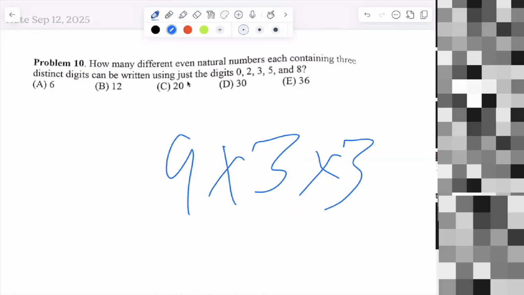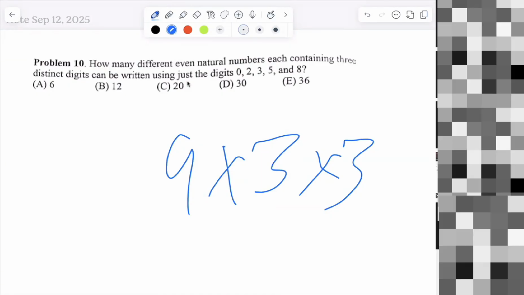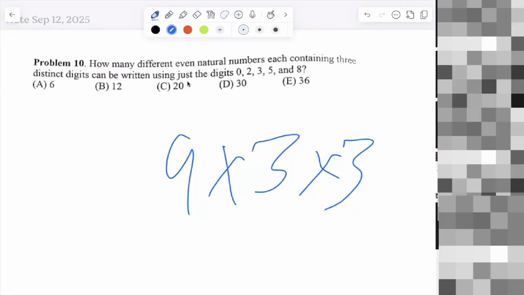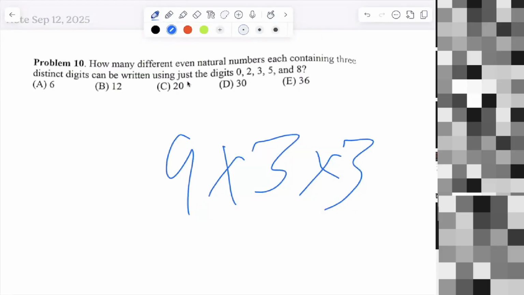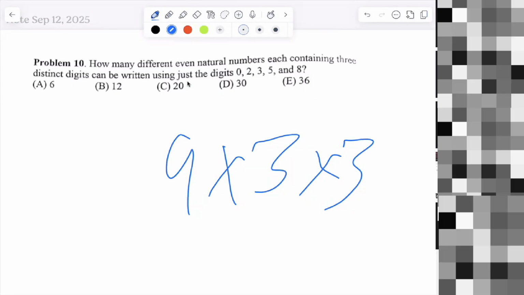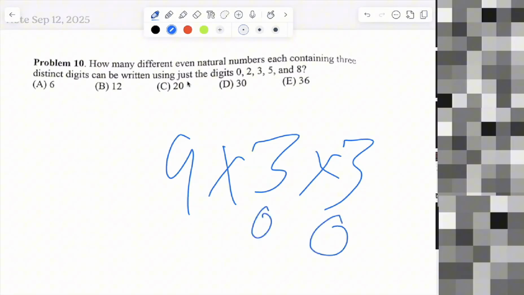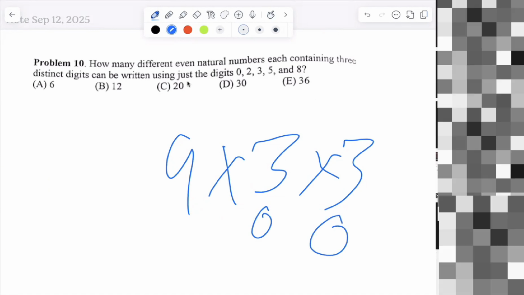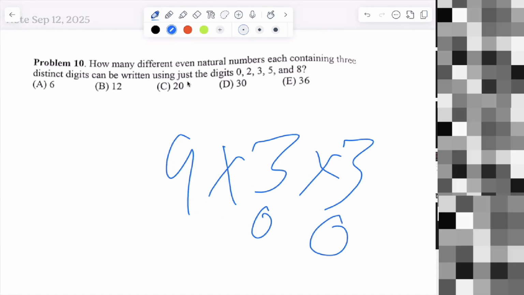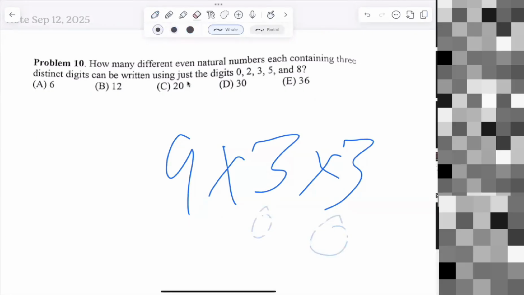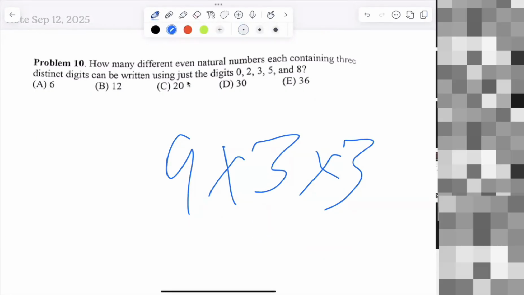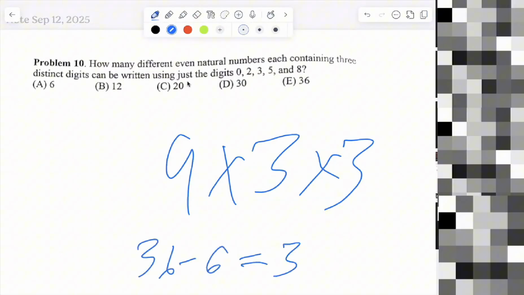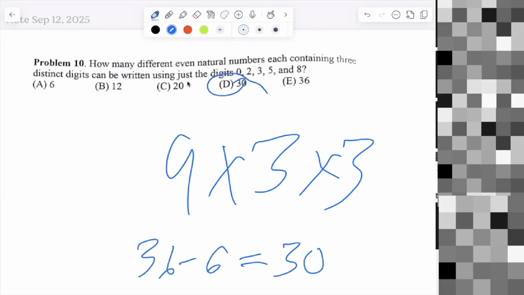There are 6 possible ways in which this doesn't work, because we might have double counted where there's a 0 over here and a 0 over here, and we do not want that. So the answer is just 36 minus 6, or 30, or D as our answer.